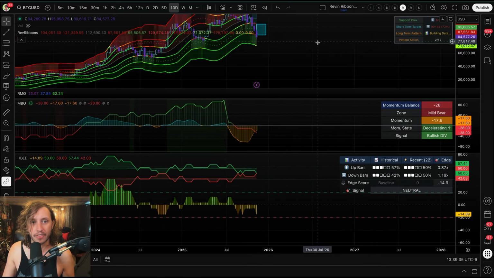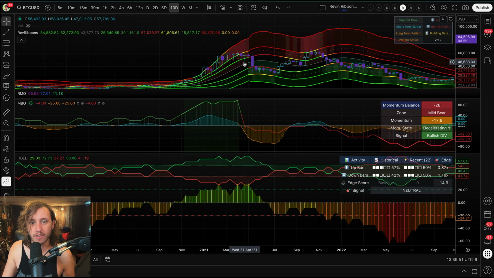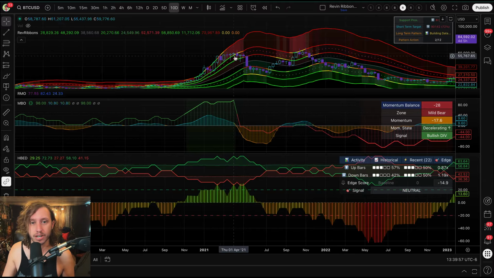And the interesting thing about that is we saw this exact signal happen in 2021, about April of 2021. It went from a major bullish posturing down to the bearish zone, and then we saw the drop off happen. And we saw this indicator trigger several bars before the actual drop off. So it called it in advance, which is super interesting to see.